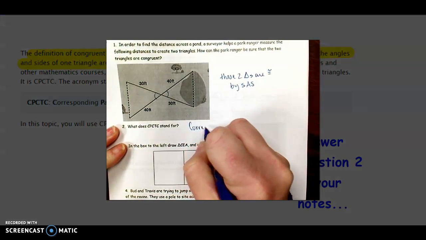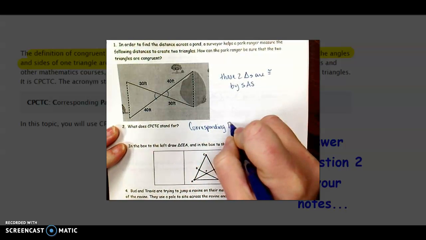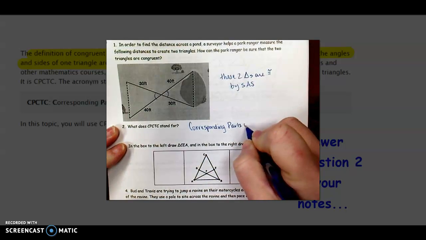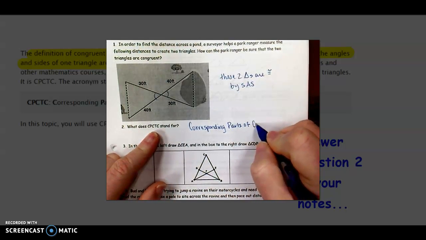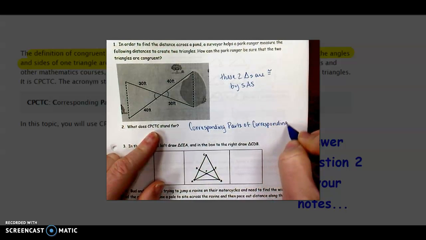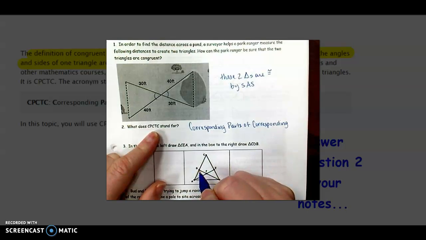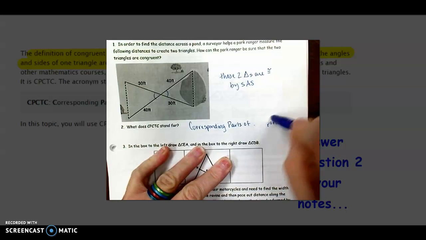Corresponding, that's your first C. Parts, that's the P. Of, we don't have O in the abbreviation obviously. Congruent, that is the second C. Oops, I'm sorry, that's not corresponding. Congruent, my apologies.